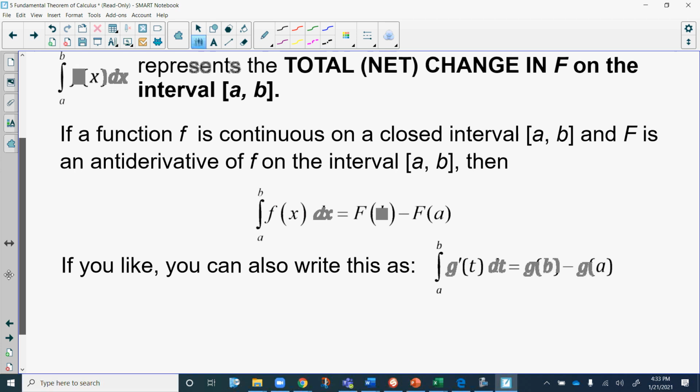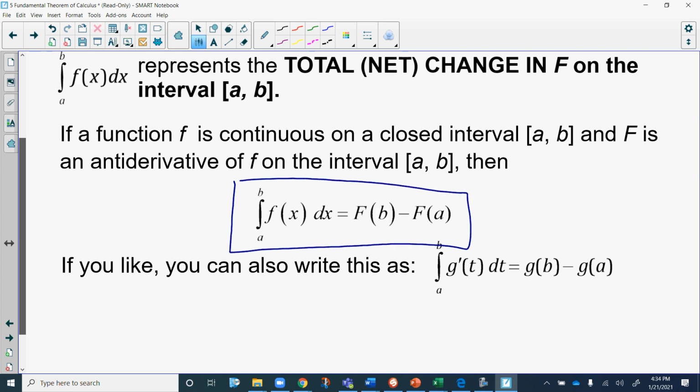And it says here if a function lowercase f is continuous over a closed interval and its antiderivative capital F is on the same interval, then the area under the curve is expressed thusly. Okay, like that. That essentially is what part of the fundamental theorem of calculus is getting towards, to show you how you can actually get the area under the curve.